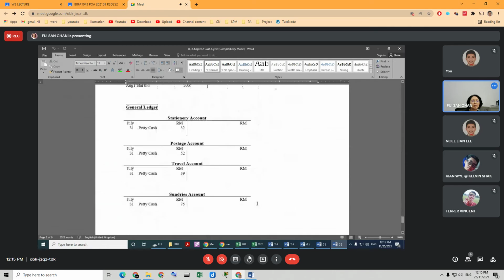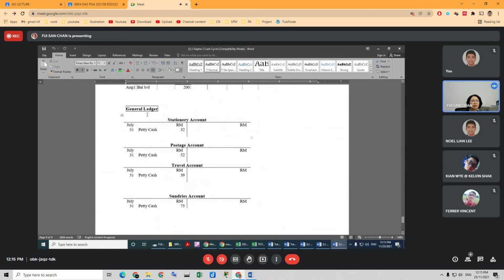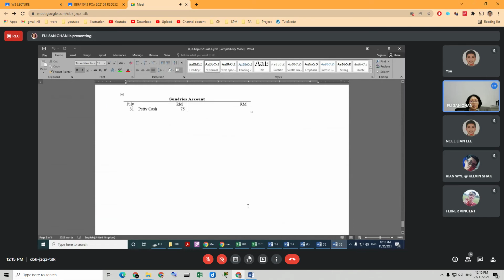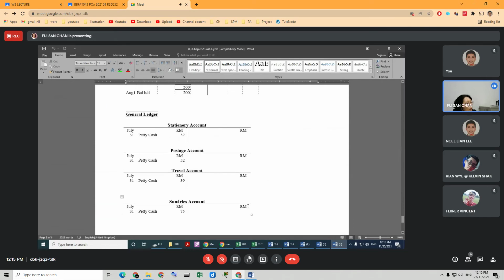And then the general ledger. The general ledger has stationery, postage, travel. When I mark your question for this one, when you do an individual supplier account or individual customer account, make sure you put them together. Let's say you have customer A and customer B. When you prepare the ledger account, you put customer A and customer B together, and you label this as the sales ledger.